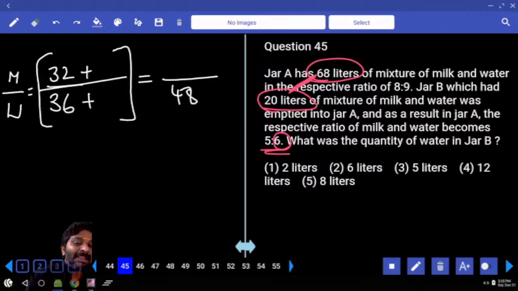Then how many liters to be added to 36 liters to make it 48 liters? 12 liters. So in jar B, how many liters of water do we have? Come on. That's it. Okay, now.